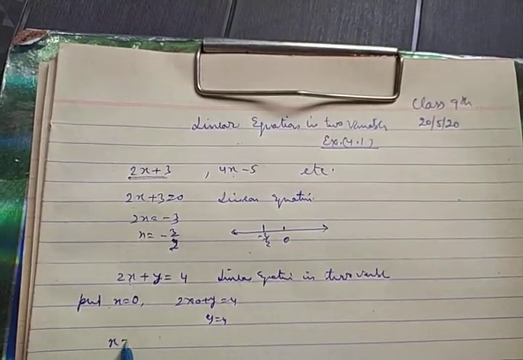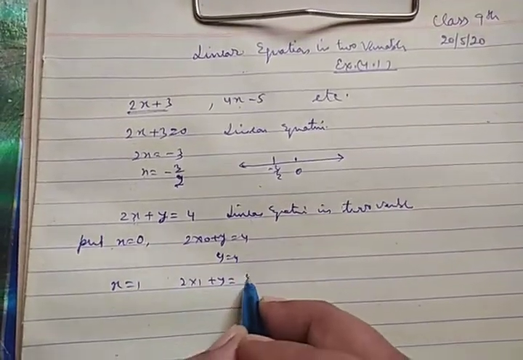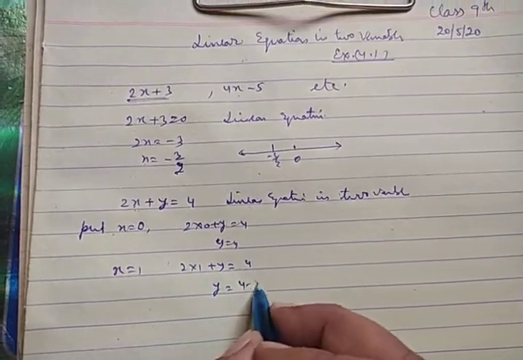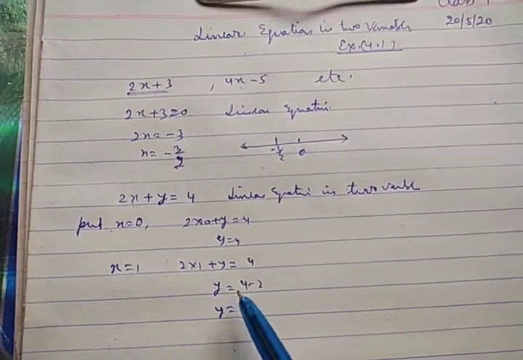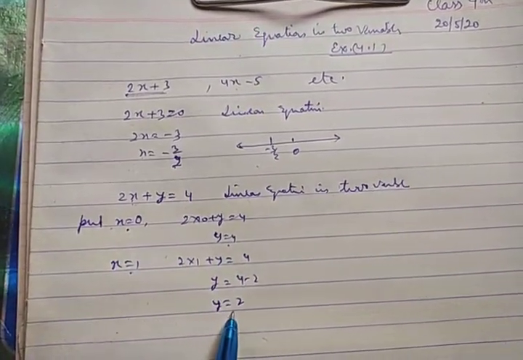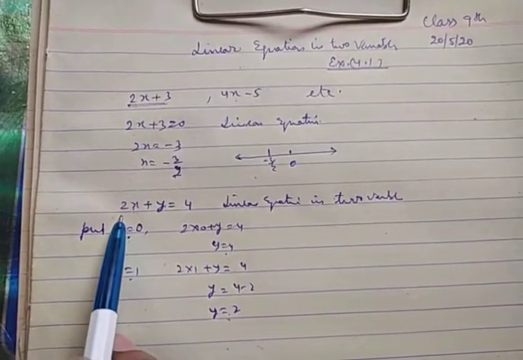And if you put x is equal to 1, 2 into 1 plus y is equal to 4, then y is equal to 4 minus 2, y is equal to 2. In this manner, when x was 0, y was 4. When x is 1, y is 2. These are the solutions of this linear equation.